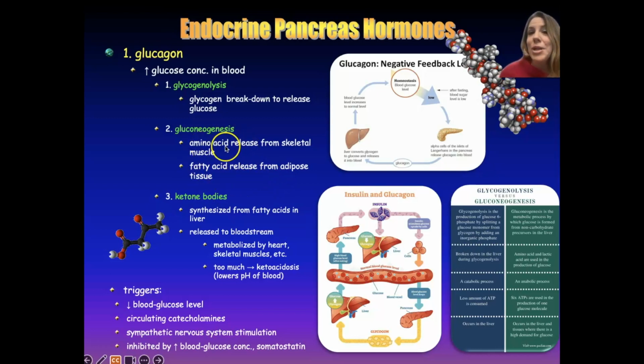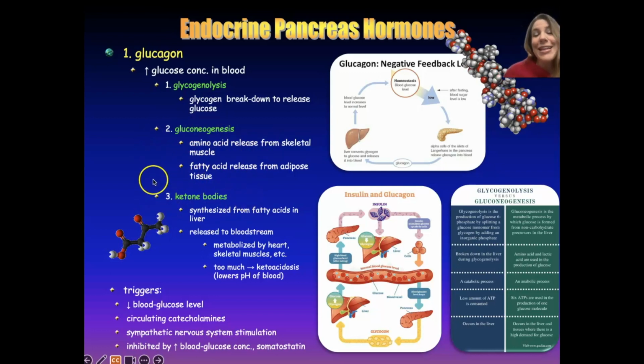So with the combination of amino acids being released into the blood and fatty acids being released in the blood, these two can be put together, an anabolic reaction, to create new glucose molecules that will then be released into the blood, and that increases the blood glucose concentration. So glycogenolysis means breaking stuff down to release glucose. Gluconeogenesis, making new glucose molecules to raise the blood sugar.